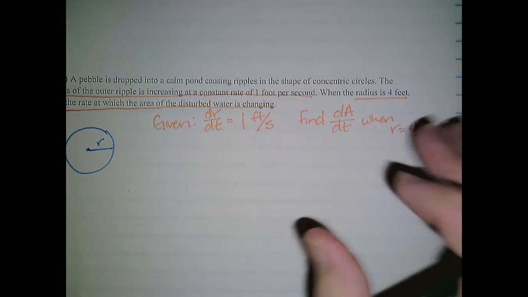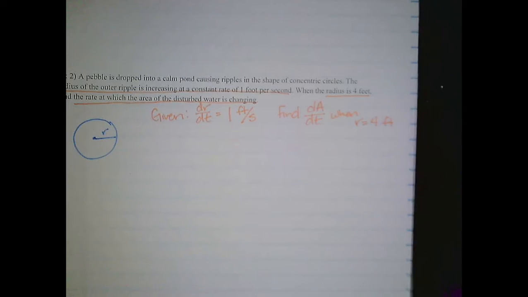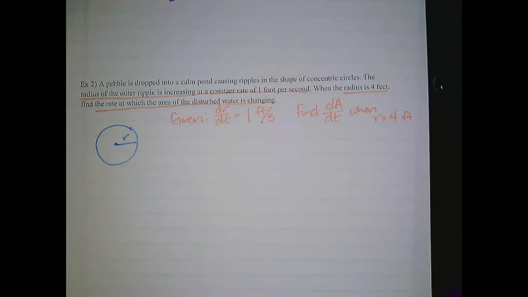So they've given us the rate of change, and they're asking us for another rate of change. So in order to relate these two rates of change, we're going to have to go back to some kind of relationship between those two variables. So we're looking for a relationship between the radius of this circular region on the water and its area.